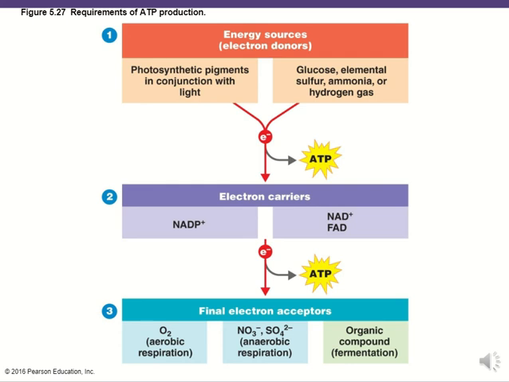or eventually the electron is accepted by some final acceptor. It could be oxygen in the case of aerobic respiration. It could be molecules such as nitrates and sulfates in anaerobic respiration, or in the case of fermentation, it's going to be some organic molecule.